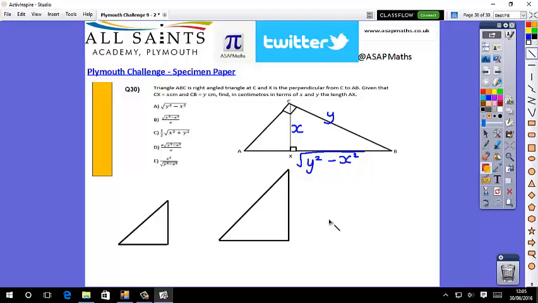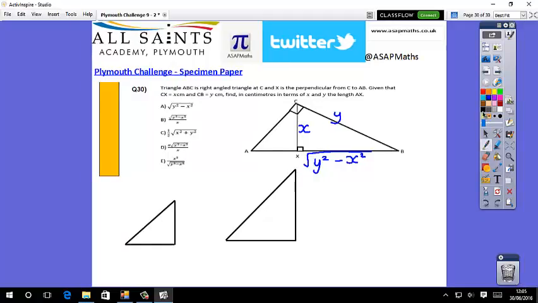Okay, so let's label the sides now. So this smaller one here is triangle AXC, and I know that this side is X centimetres long. Now let's label up this triangle here, which is, if we look, this is side CB.